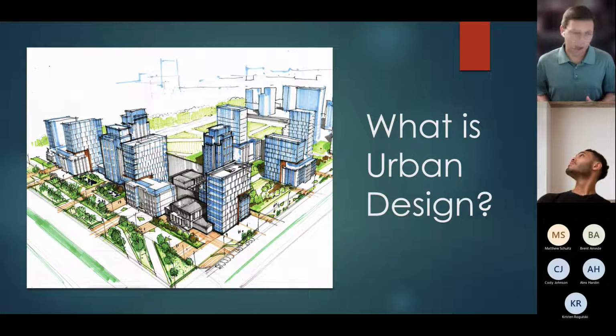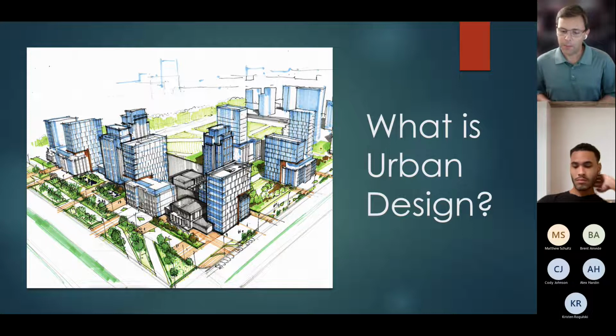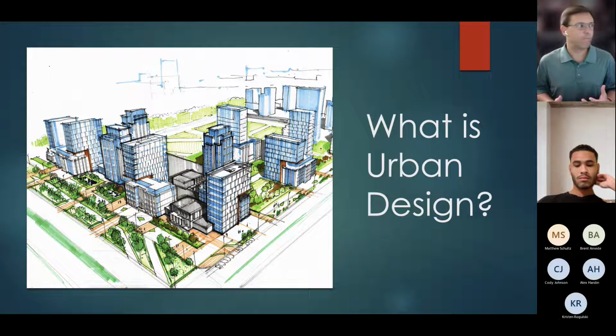Obviously traffic is a big deal when it comes to urban design, right? He also shaped the skyline with height restrictions, understanding that the height of buildings actually does make a landscape. It could make it better, or sometimes make it worse. So he also focused on those types of things.